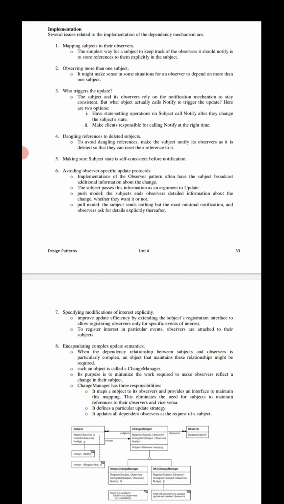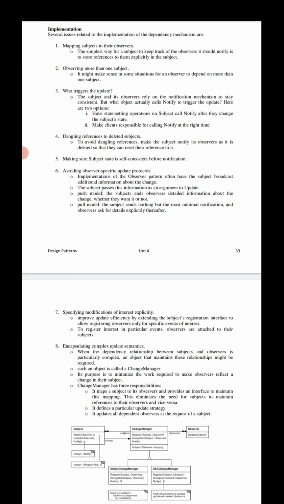The pull model may be inefficient, because observer classes must determine what changed without help from the subject.